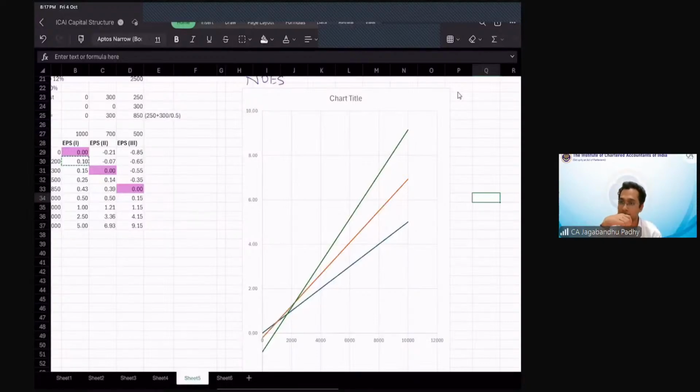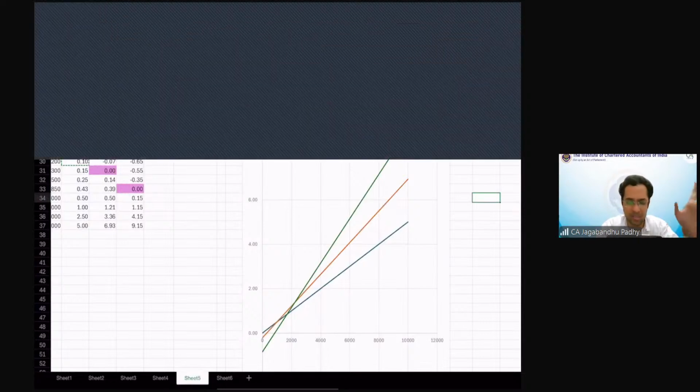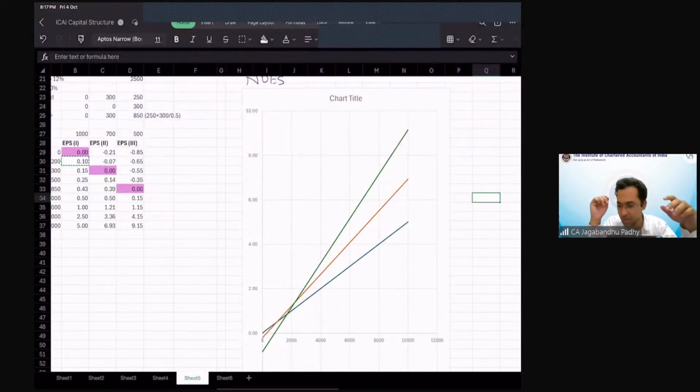Sir, I wanted to ask something about chapter 4. Which chapter is that? I don't remember the chapter by number. Cost of capital, sir. In that, we had something called amortization of bond. So what is that, sir?